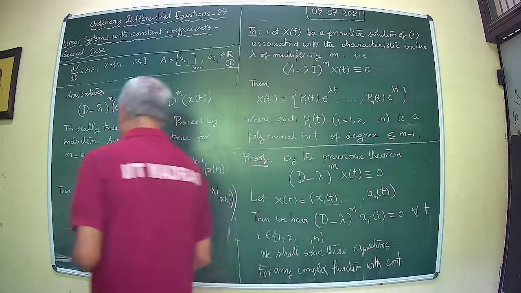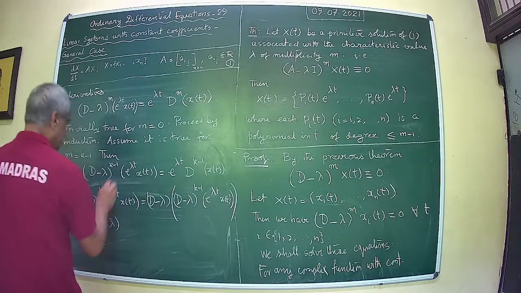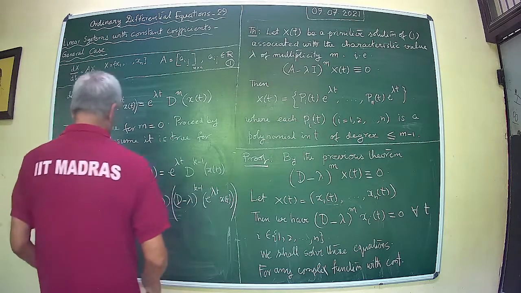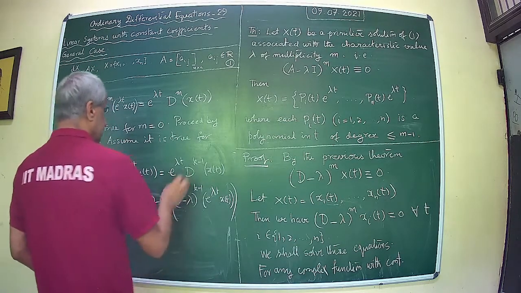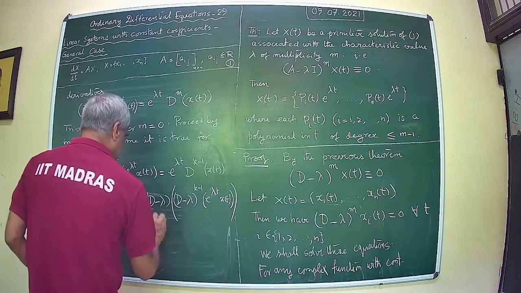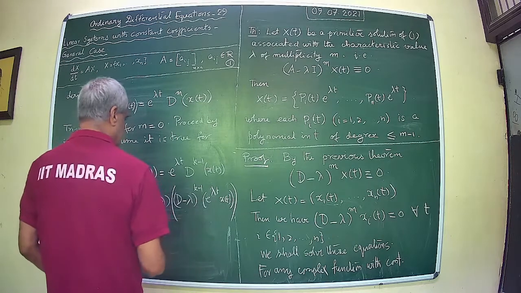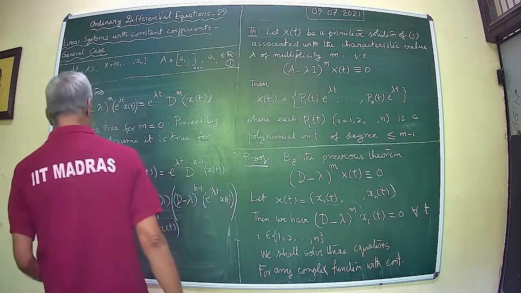And this part is actually D minus lambda, and we apply the induction assumption. So it says e to the power lambda t, x(t).